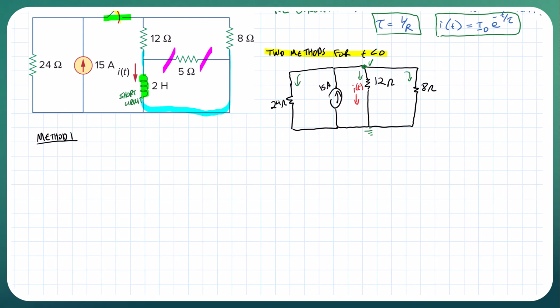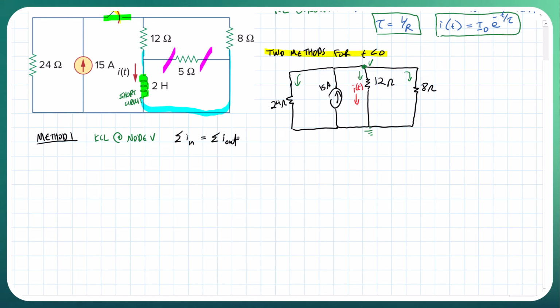So method 1, we're going to do KCL at node V, and of course the sum of the currents going in equals the sum of the currents going out.